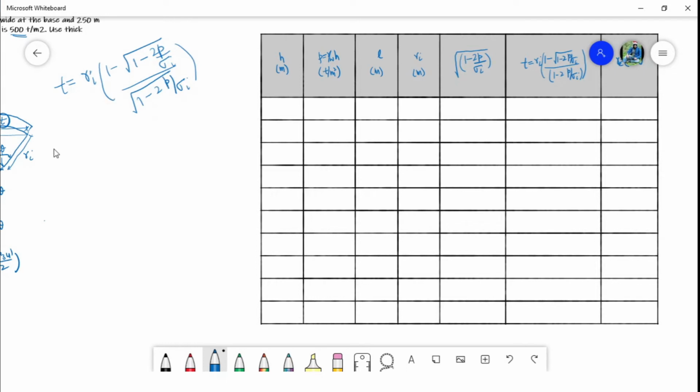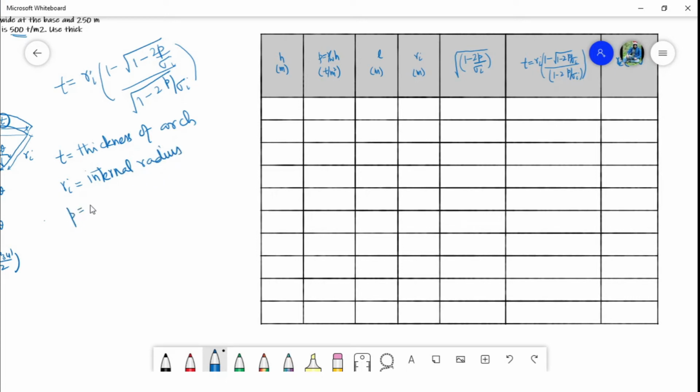Okay, where this T is the thickness of arch, and Ri is the internal radius.